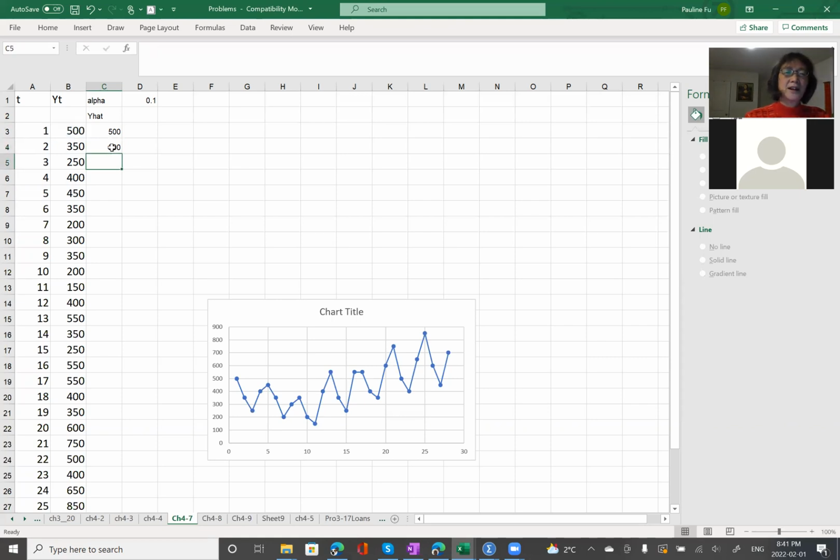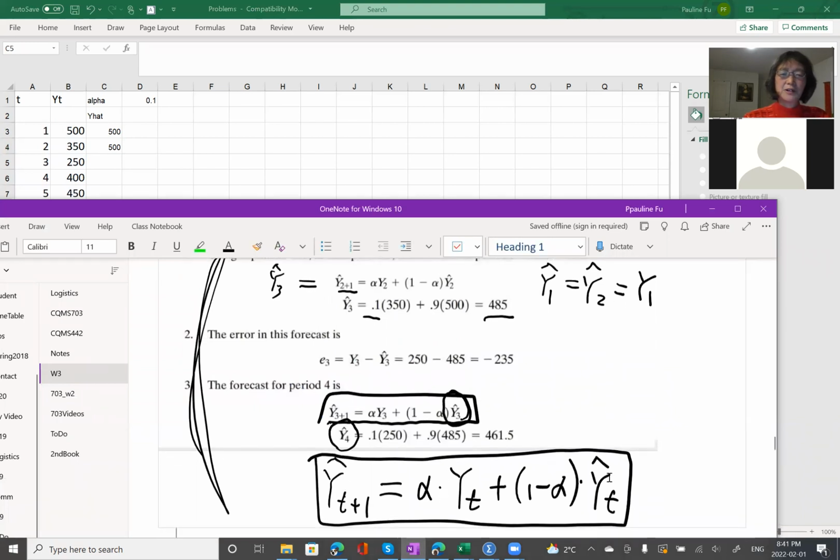Next, you need to refer to this general formula: Yt+1 hat equals alpha times Yt plus 1 minus alpha times Yt hat. When you forecast the next period, t plus 1, you use the data for period t.